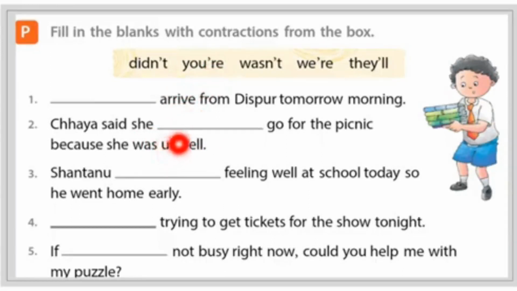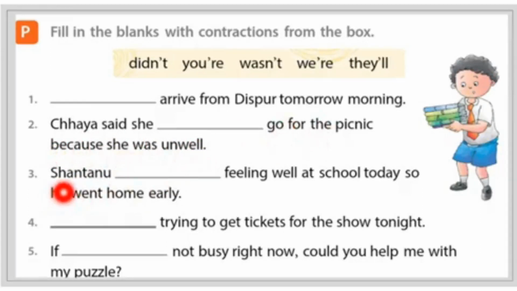She wasn't go for the picnic, or she weren't go for the picnic, or they'll go for the picnic because she was unwell. No, we can't use "they'll" and "you're" and all. So what will be the answer? Chaya said she didn't go for the picnic because she was unwell.